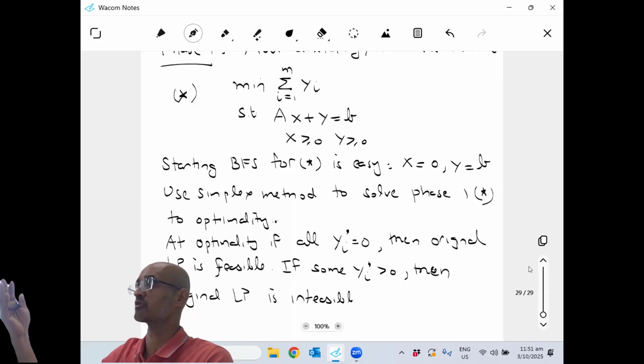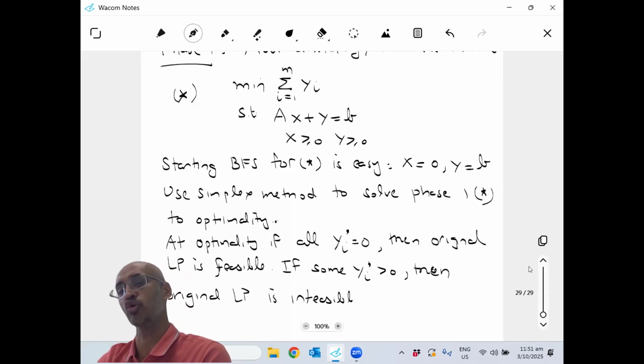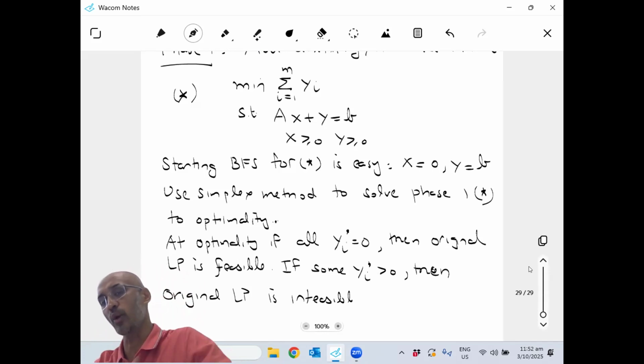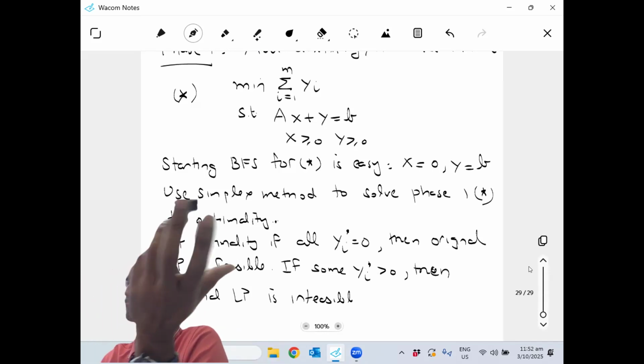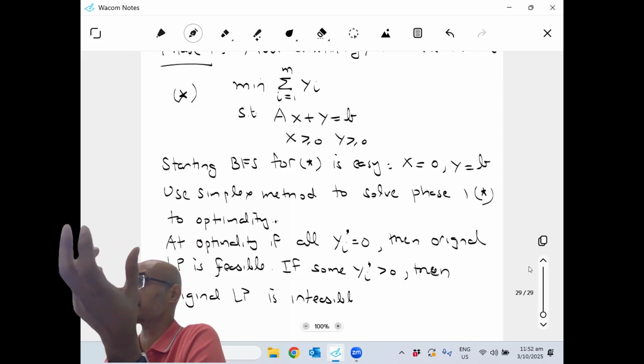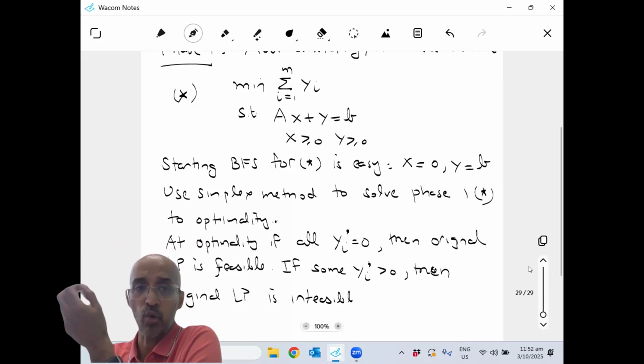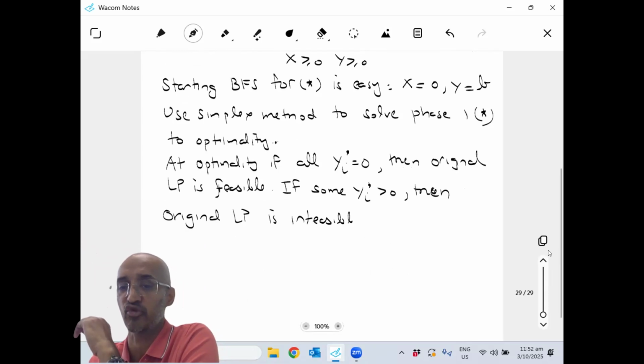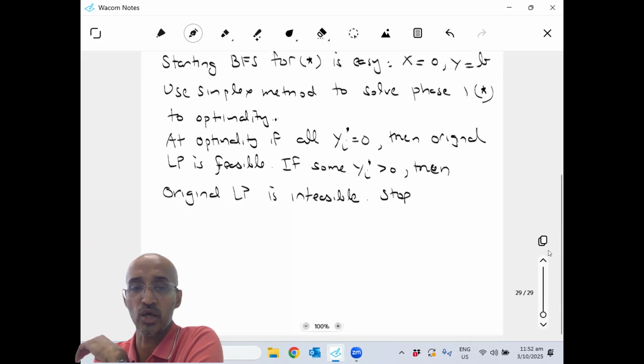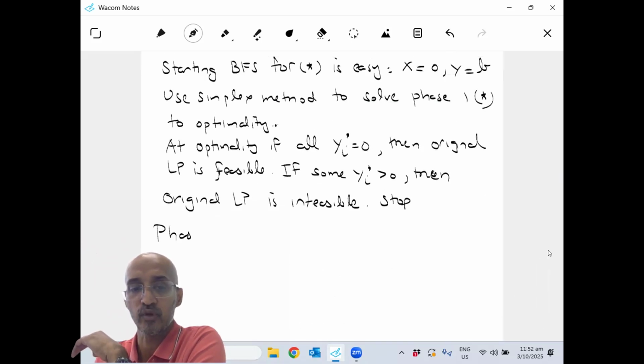But if I cannot do this, that means there does not exist any solution to Ax equal to b, x non-negative. So by solving this LP to optimality, if I find that all the y_i's are 0, the original problem is feasible. Otherwise, it's infeasible. If it is infeasible, of course, you stop. You report it's infeasible. Otherwise, you go to phase 2.